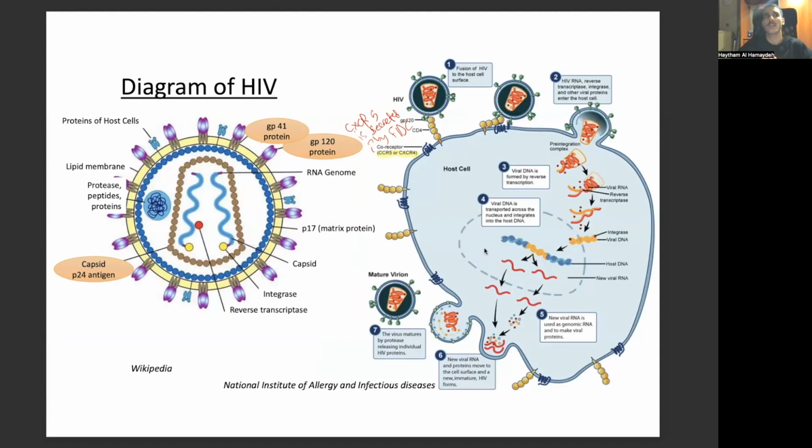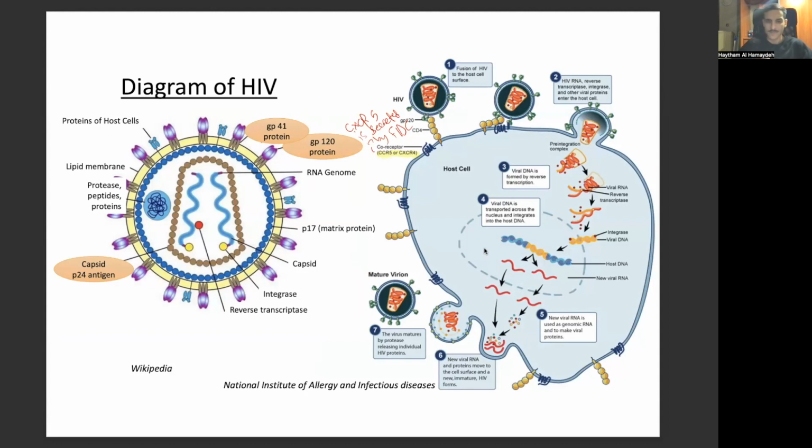In this case, we're talking about, for example, macrophages, CD4 T helper, CD4 memory, and antigen presenting cells. So CD4, and on top of that, they need co-stimulation molecules. For macrophages, it is CCR5, and this is something that you need to memorize.